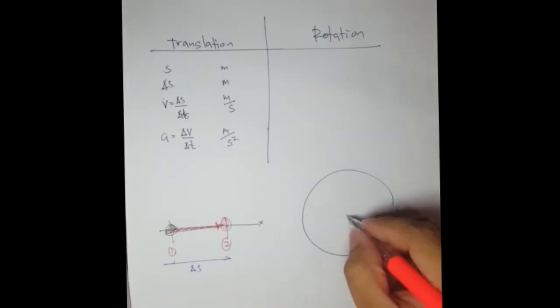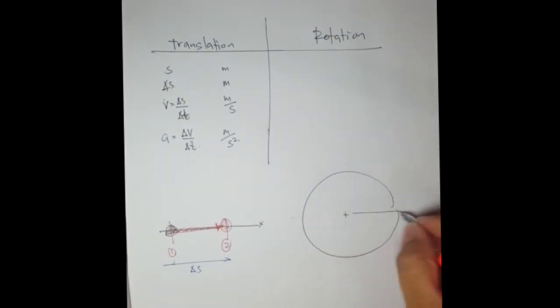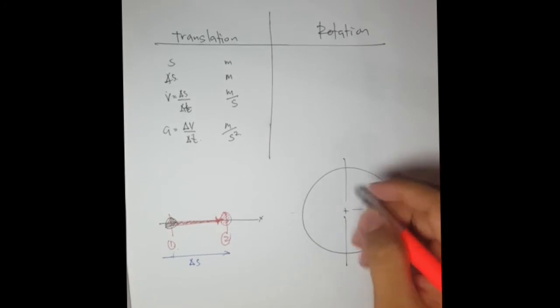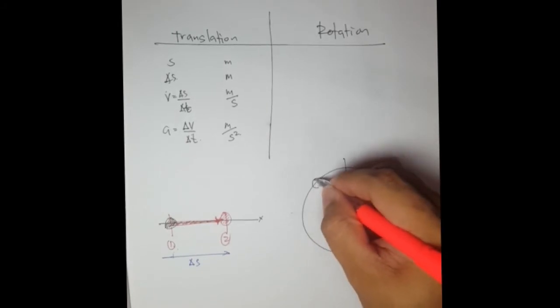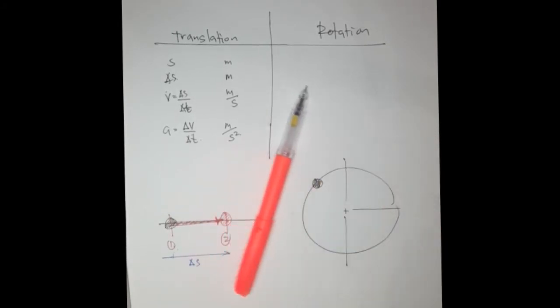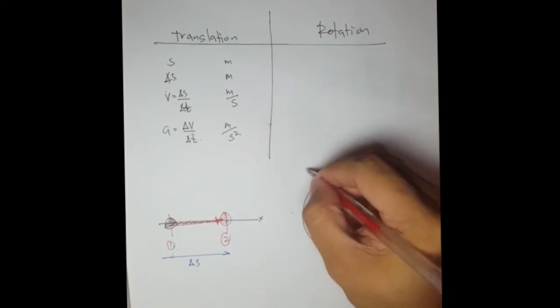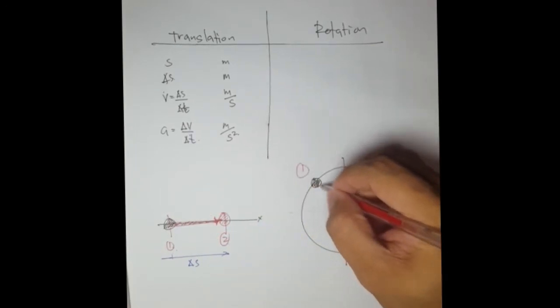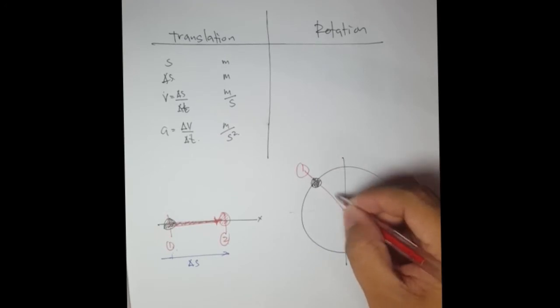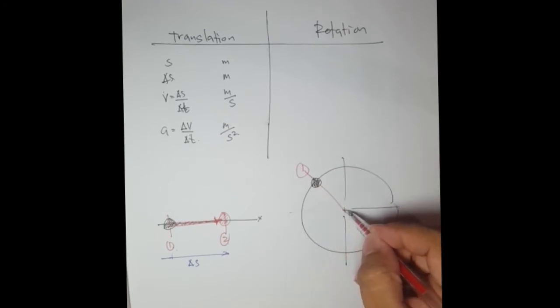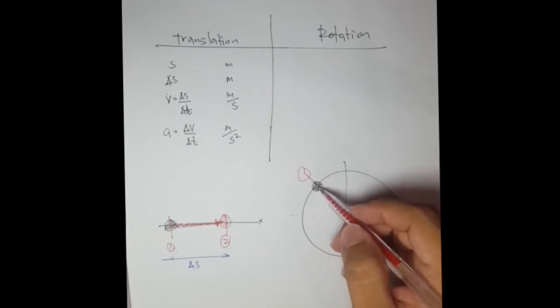The same goes true here for the rotational motion. Let's say this is point 1 that we have, at some angle. That's the position.